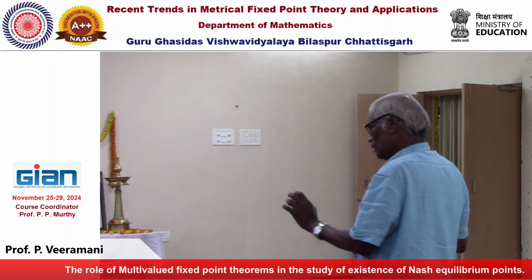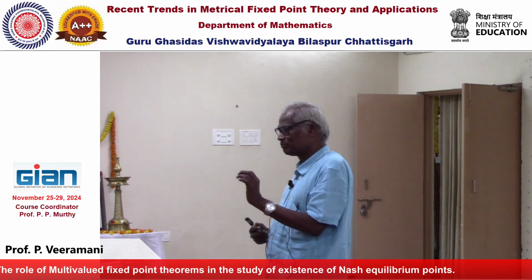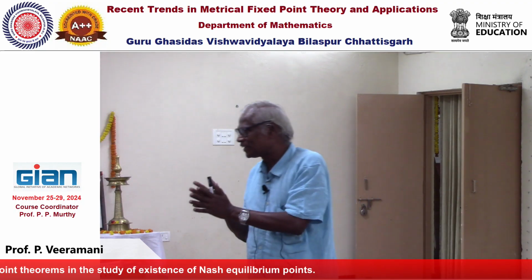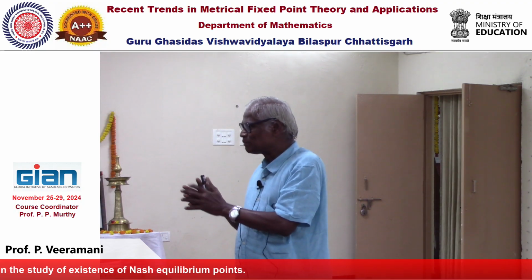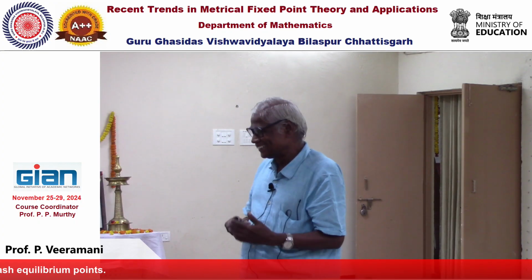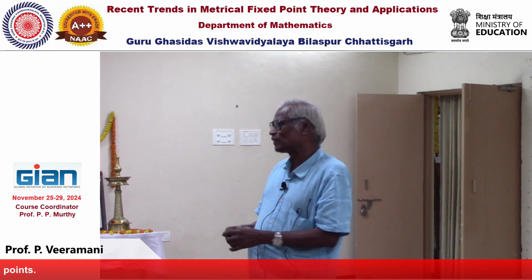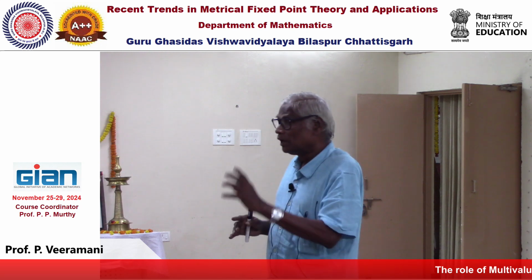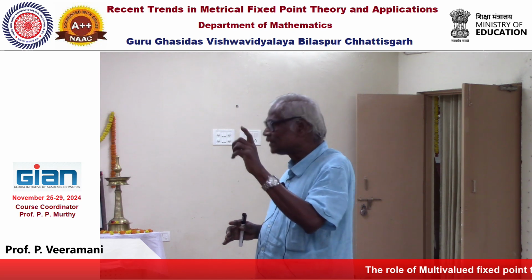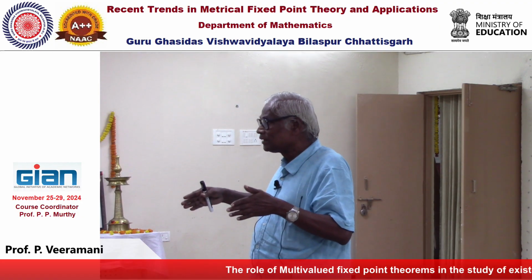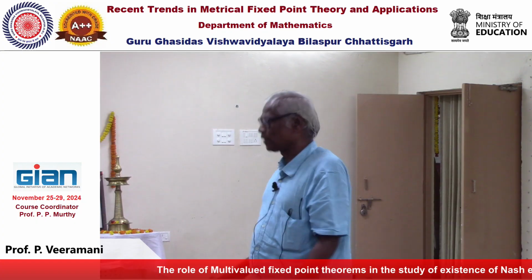Then what is our aim? Maximizing whose profit? Player 1, you favor player 1, maybe your friend. So what is the situation here? Whether there exists a situation where both players will get the maximum profit.